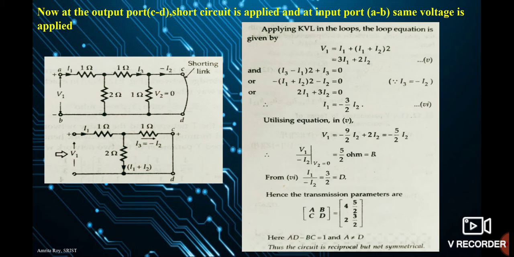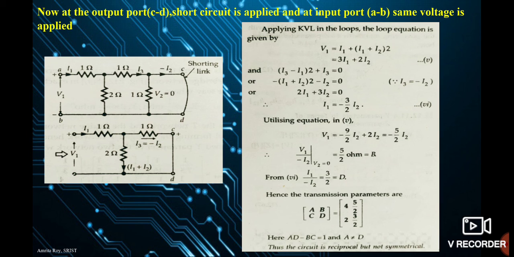As the output port CD is short circuited, I3 will follow the least resistive path, so we write I3 as minus I2. Rearranging the equation we get 2I1 plus 3I2 equals 0, so I1 equals minus 3 by 2 into I2.